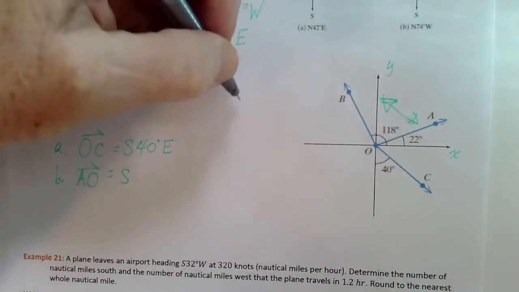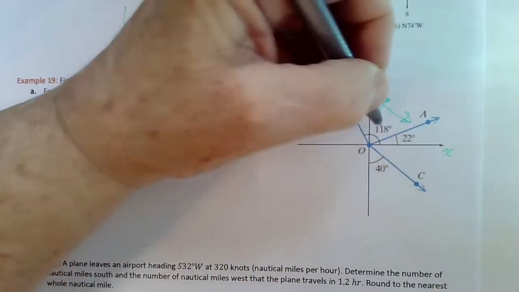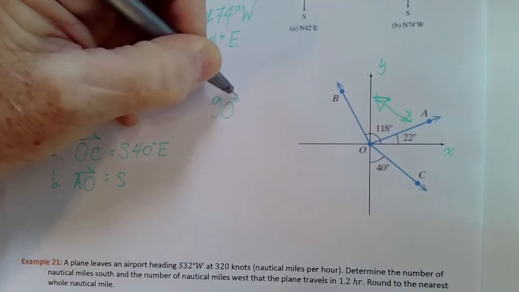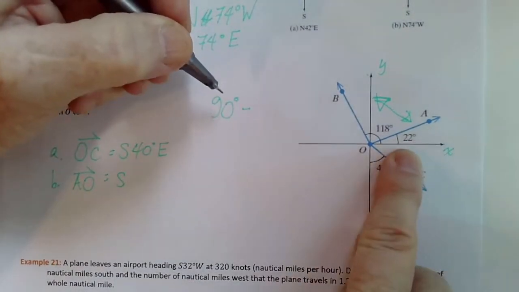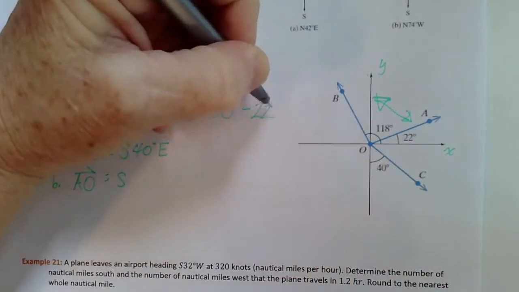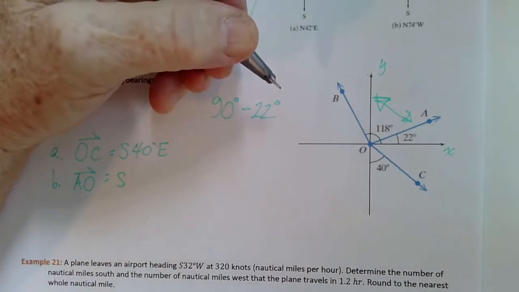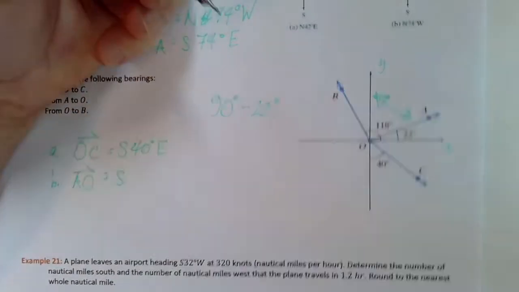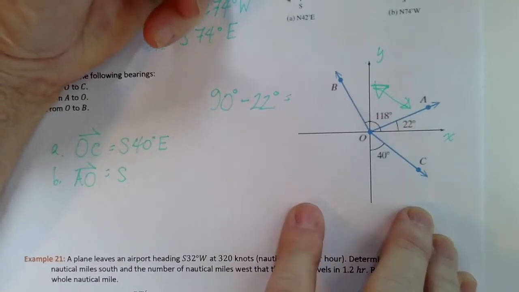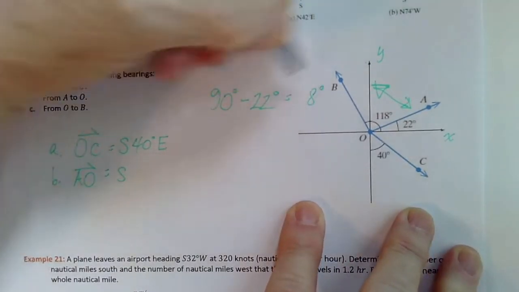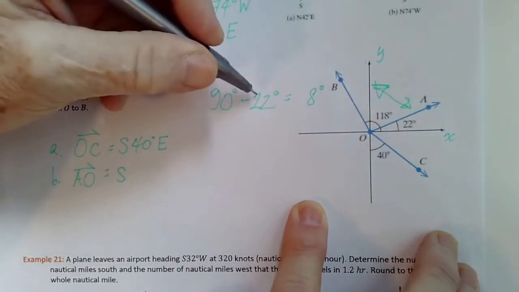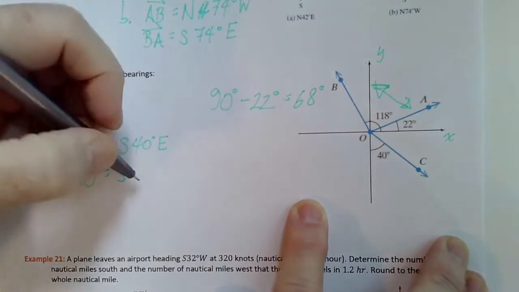Well, that's okay. We know that the whole quadrant is 90 degrees. 90 degrees minus 22 is going to be, well, that's 8. 8 minus 2 is 6. So 68 degrees.